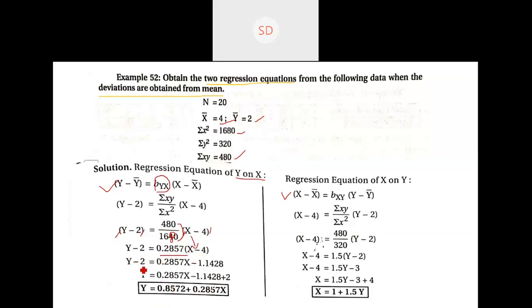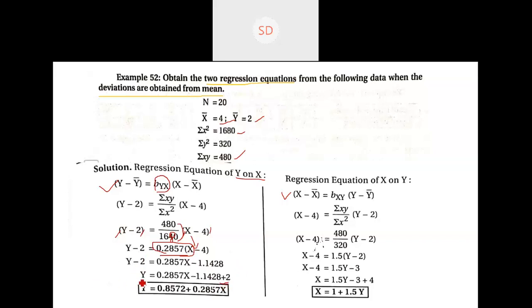Next step, y minus 2 is equal to 0.2857x. Now how did I get this? I multiplied these two to get the value here. Minus 0.2857 into 4 will give me 1.1428. So that is the total value. Then finally this minus 2 will go to the other side and it will become plus 2.